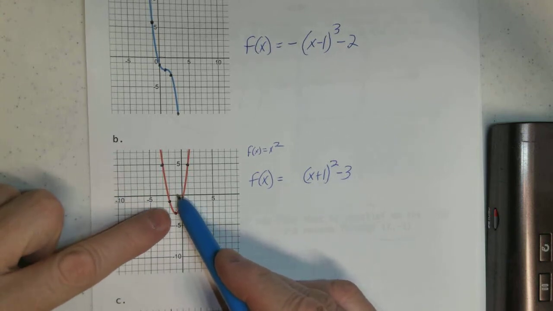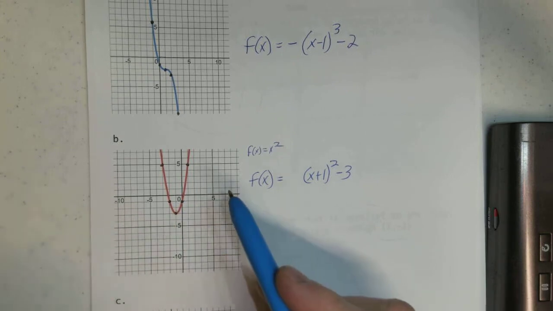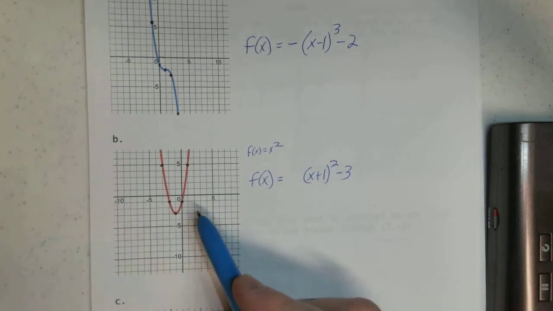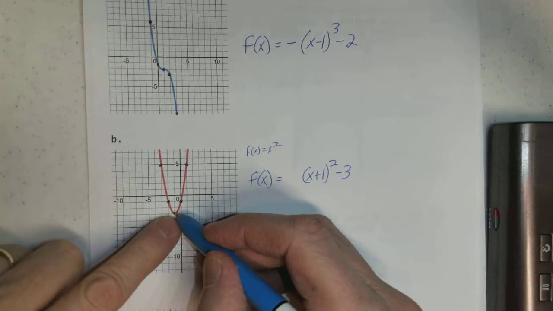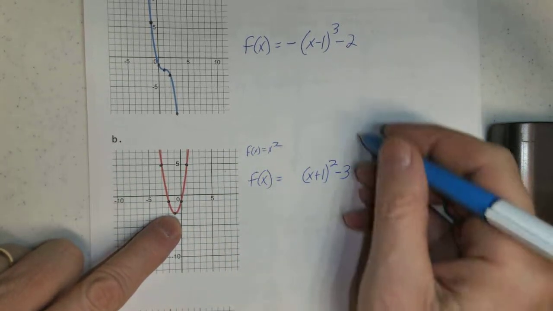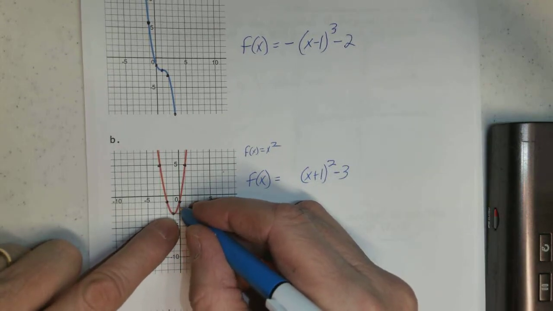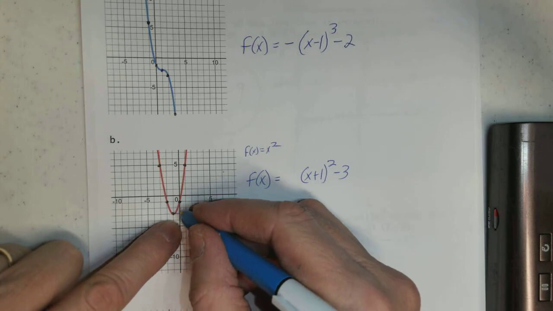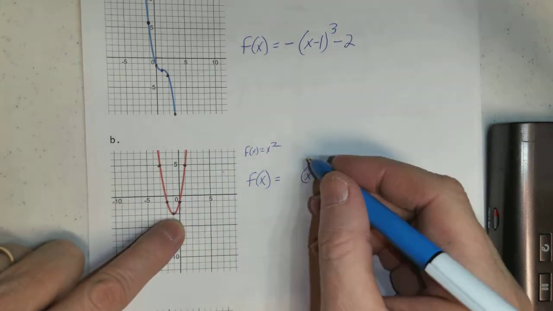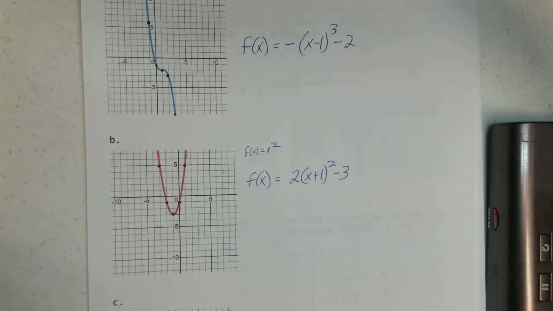And 1 squared is 1. Well, I'm getting to 2 here. When I go 1 over, I should be at 1, but I'm at 2. So that means we are multiplying that by 2 and stretching that a little bit.